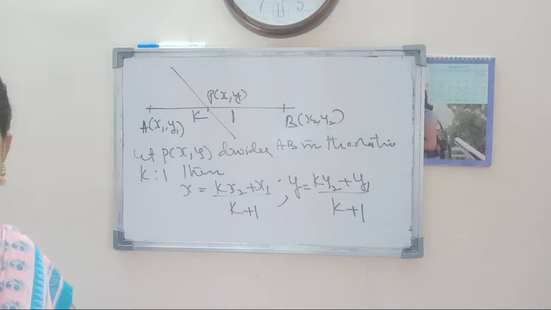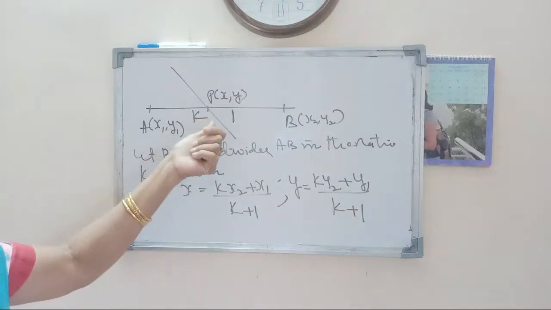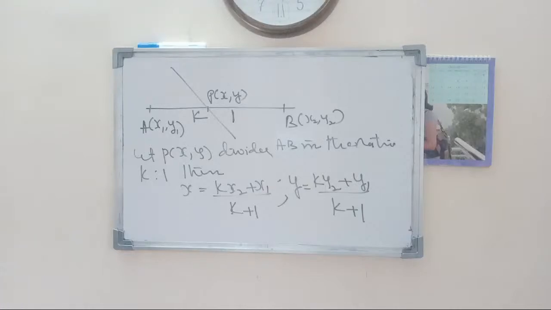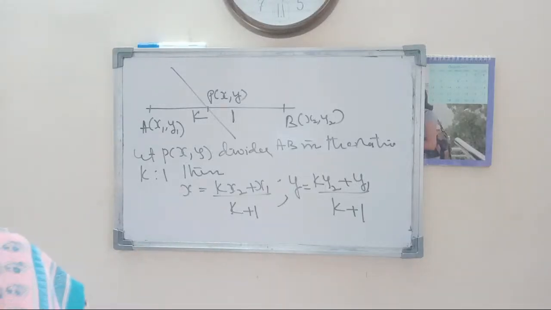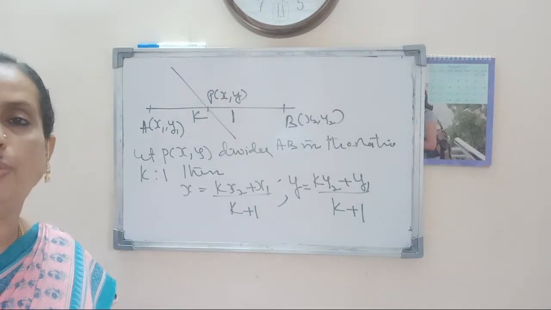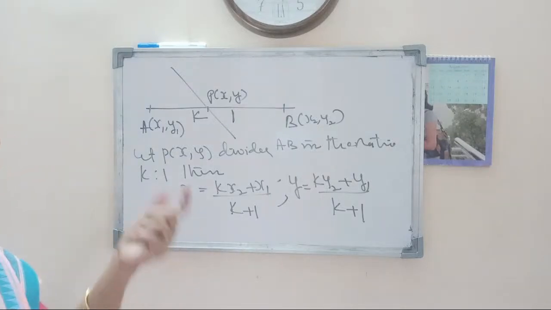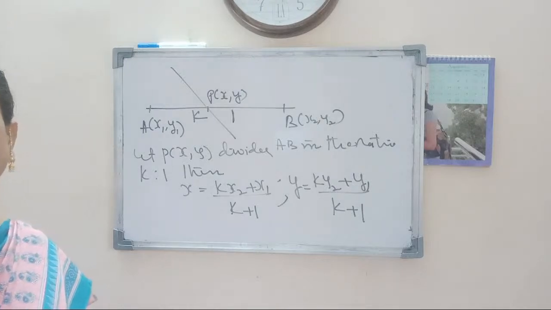In what ratio is it divided by the point P? In such cases, like a point on the x-axis or a point on the y-axis, we use the K formula. When the ratio is known directly, you can find the ordered pair. When it is in the ratio 1:1, you can directly apply the midpoint formula.